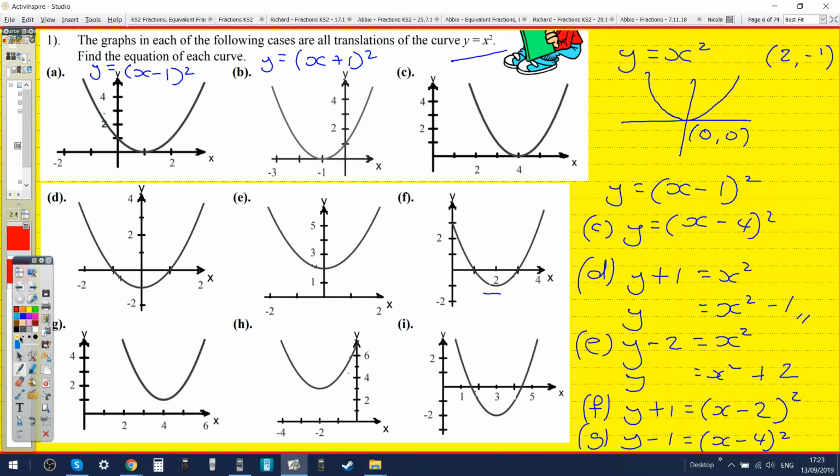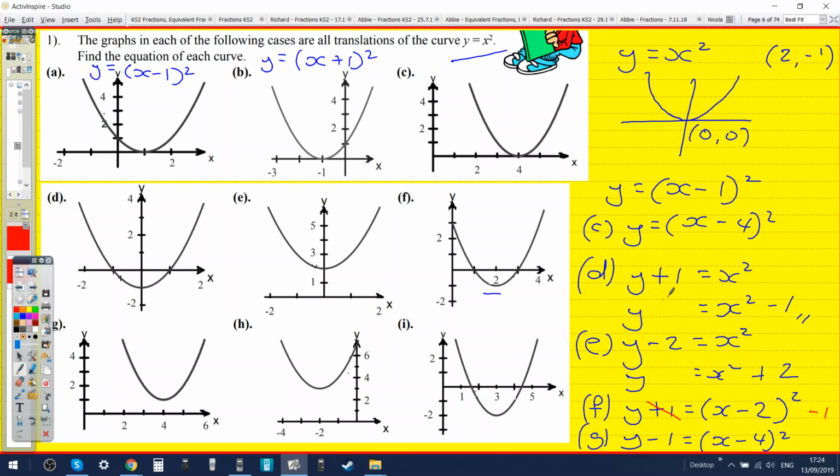X minus 2 close bracket squared plus 1. Minus 1, sorry. Minus 1, yeah. And so what you can do is, if you prefer, you can do it in one step. It's because we don't usually write equations as y plus 1 equals or y minus 2 equals. We usually just write it as y equals.